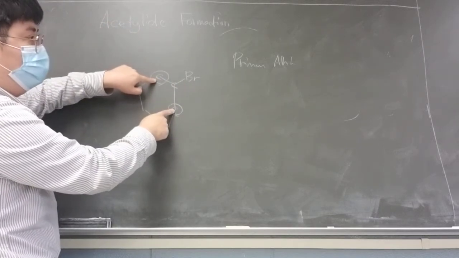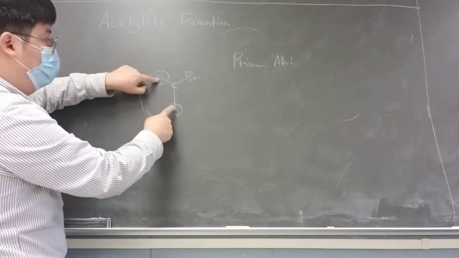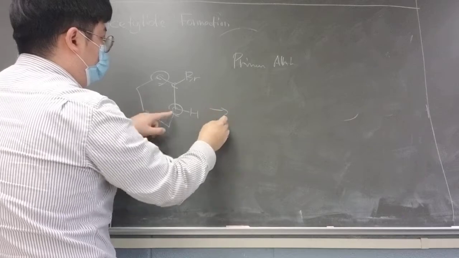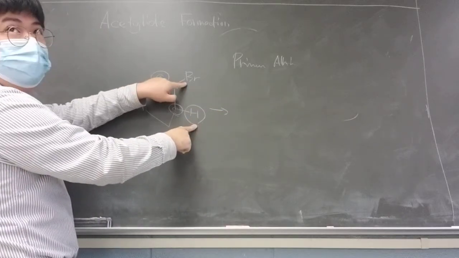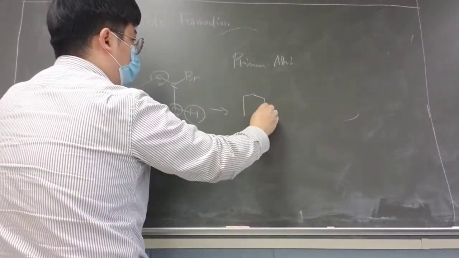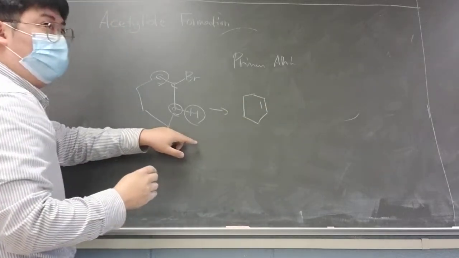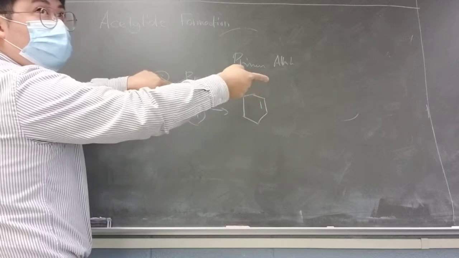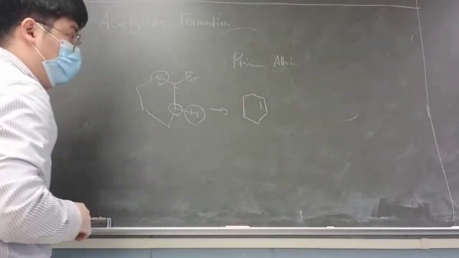Then it actually grabs the hydrogen instead of the bromine, so it makes the cycloalkene instead of attaching to the acetylide anion.